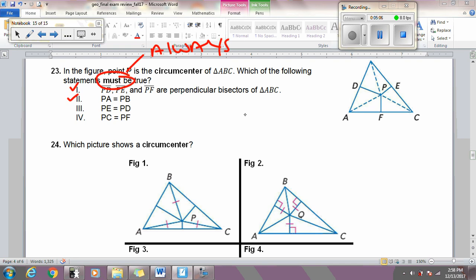That's not always true. And lastly, PC, the distance from C to P, essentially, is equal to PF. PF is the other perpendicular bisector. So that's not always true either. So 1 and 2 were always true.